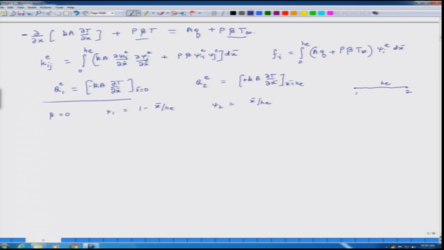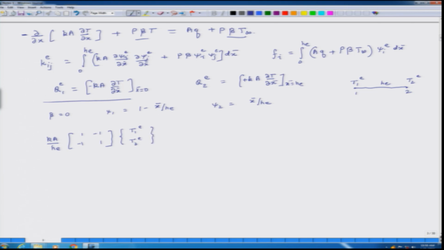So, using these functions, I can also calculate their derivatives, and then my stiffness matrix comes out as, so my overall equation, I will write that for the element is Ka over He times [1 -1; -1 1], and if I have a linear element, then the temperature at the first node is T1e and temperature at the second node is T2e, and these are unknowns.